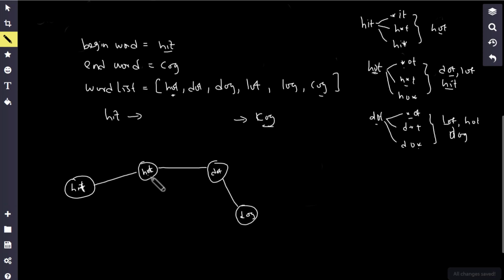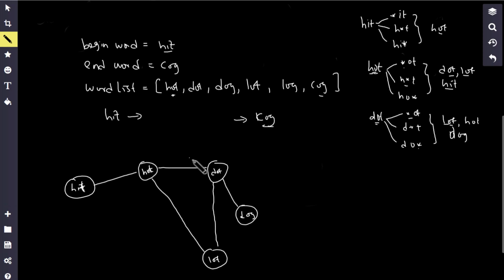And don't forget that HOT is connected to LOT, so we can draw LOT somewhere down here. And then we also have DOT connected to LOT.